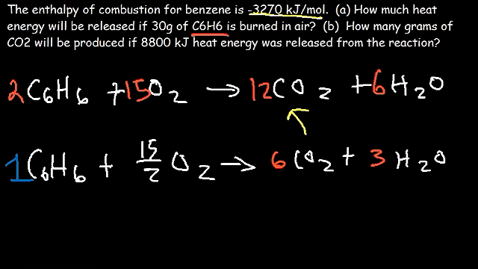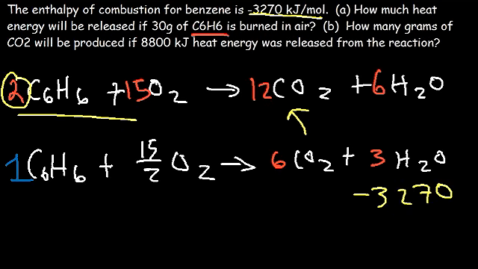It's the kilojoules per a single mole, not 2 moles. So therefore, the enthalpy change for the second reaction is negative 3270. So for this reaction, since it's multiplied by 2, it's going to be twice as much. 3270 times 2 is negative 6540.